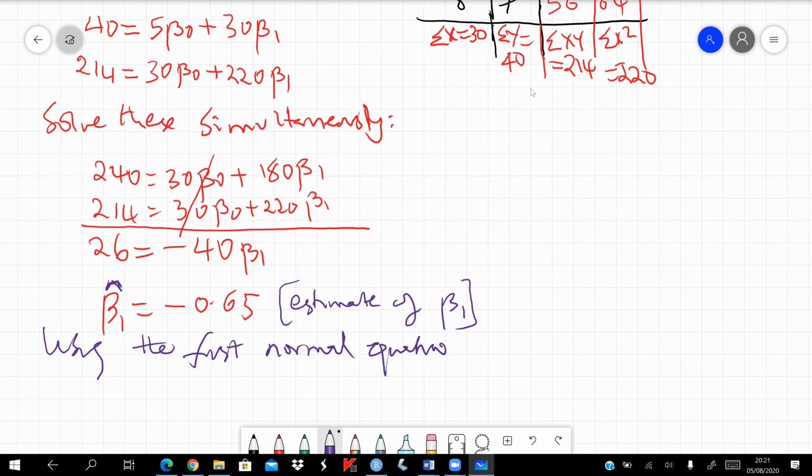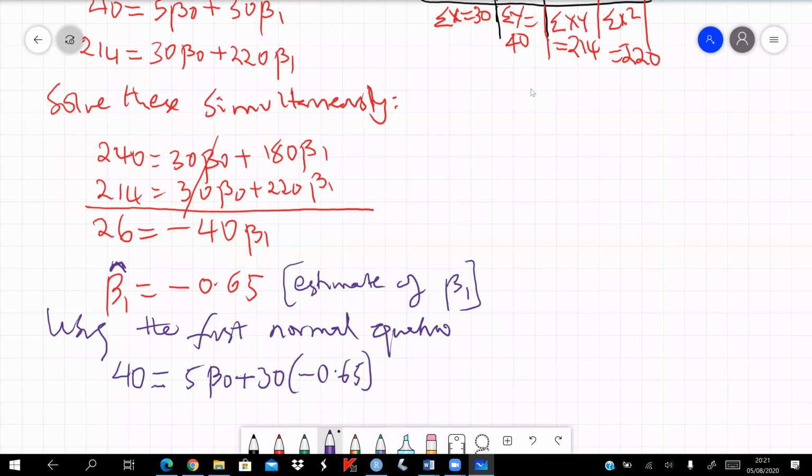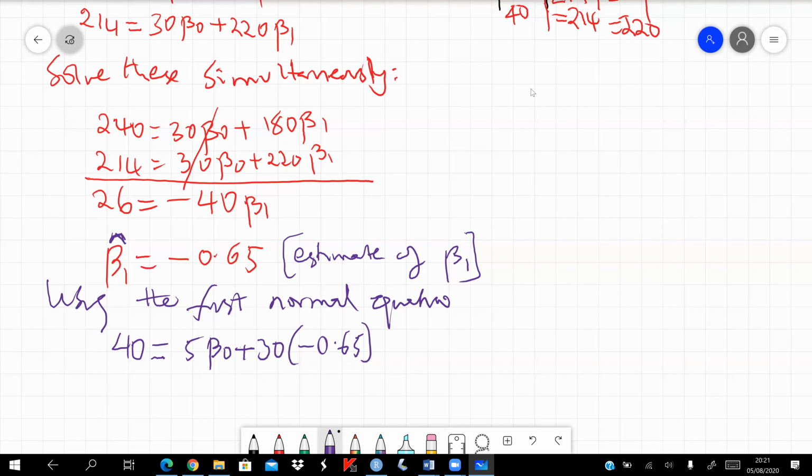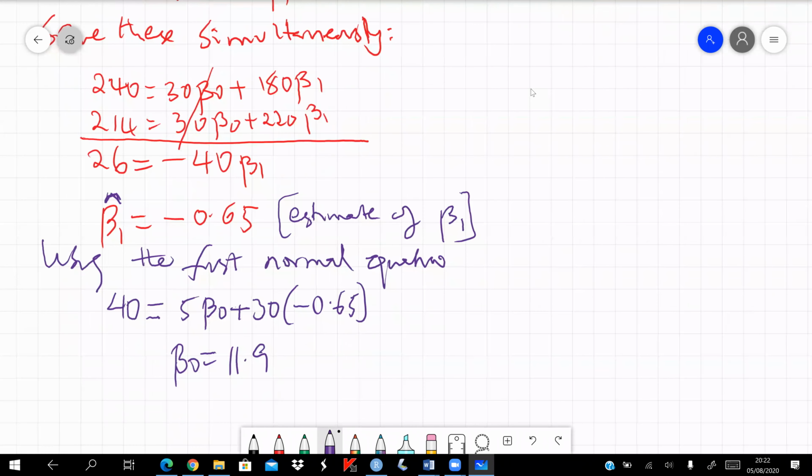We get that 40 is equal to 5 beta naught minus 30 times 65... So we get that beta naught is 11.9.